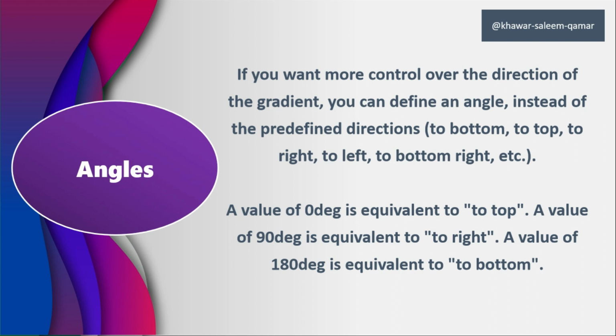So for 0 degree it means to top, and for 90 degree it means to right, and for 180 degree it means to bottom. So we can give any sort of degree from 0 to 360, but these are the values that just depict our predefined values as well.